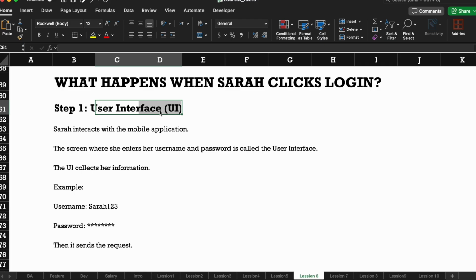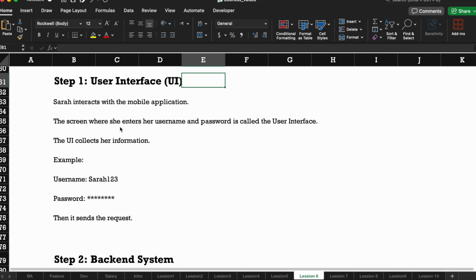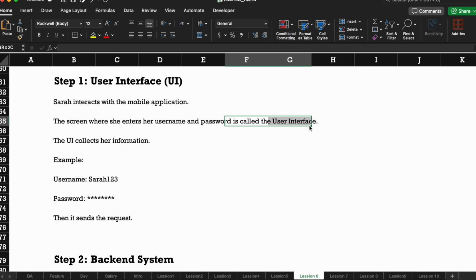So that's the user interface, what you actually see on the remote control. Sarah interacts with the mobile application, the screen where she enters her username and password, called the user interface, right? Where Sarah enters the information, that's the user interface. Very important, you need to understand.